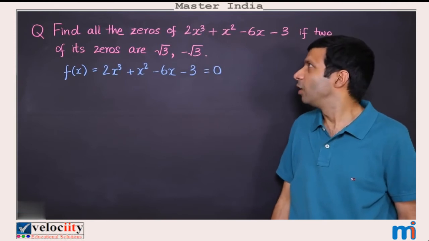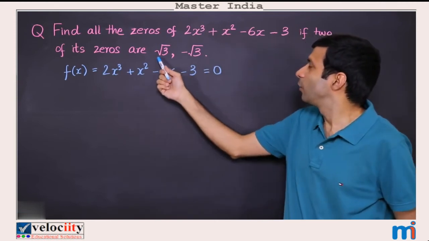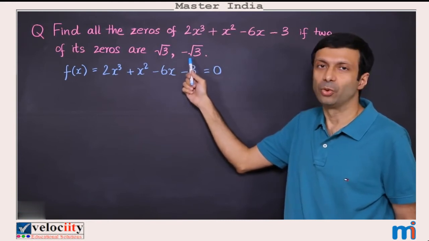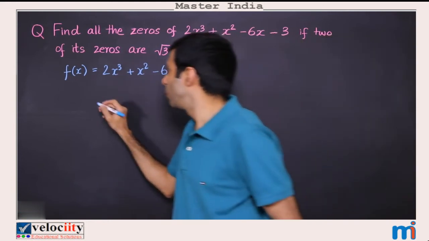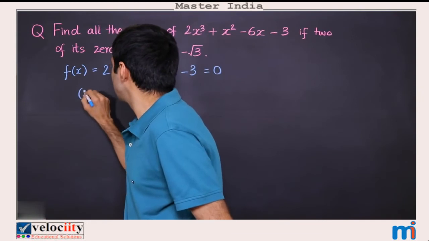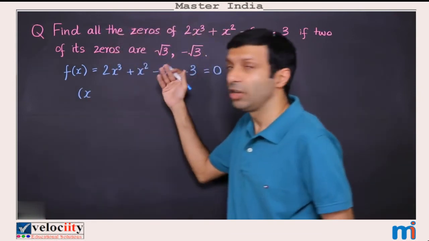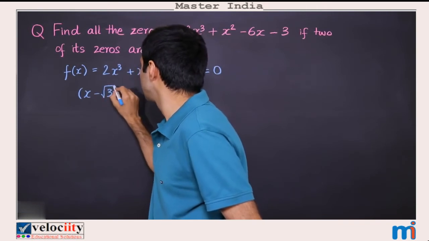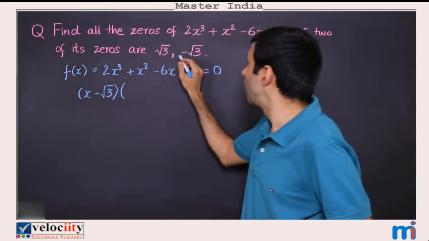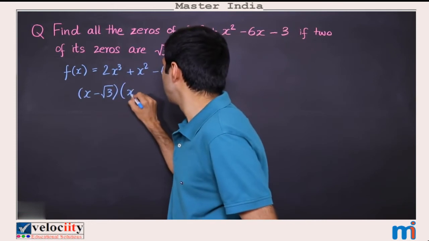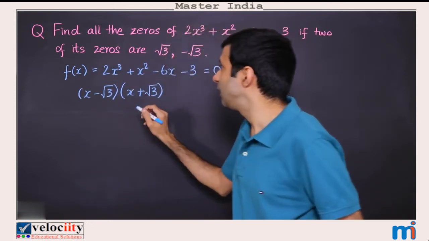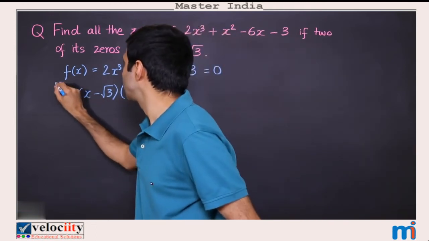Now we've been given that we have these two zeros, root 3 and minus root 3. Okay, so we can say that x minus the zeros of the roots, so it's going to be x minus root 3, and x minus of minus root 3 will be x plus root 3. So can we say that these are factors of fx?